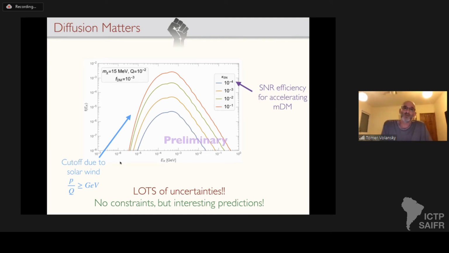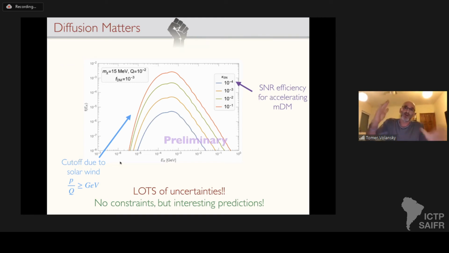Okay, so bottom line, the take-home message. I'm going to get back to this plot towards the end, but the take-home message from that is that there are many milli-charges around us, if it exists. There are lots of uncertainties which should be taken into account. We don't really know what the magnetic fields are, the coherent ones and the incoherent ones. What are these X fields?